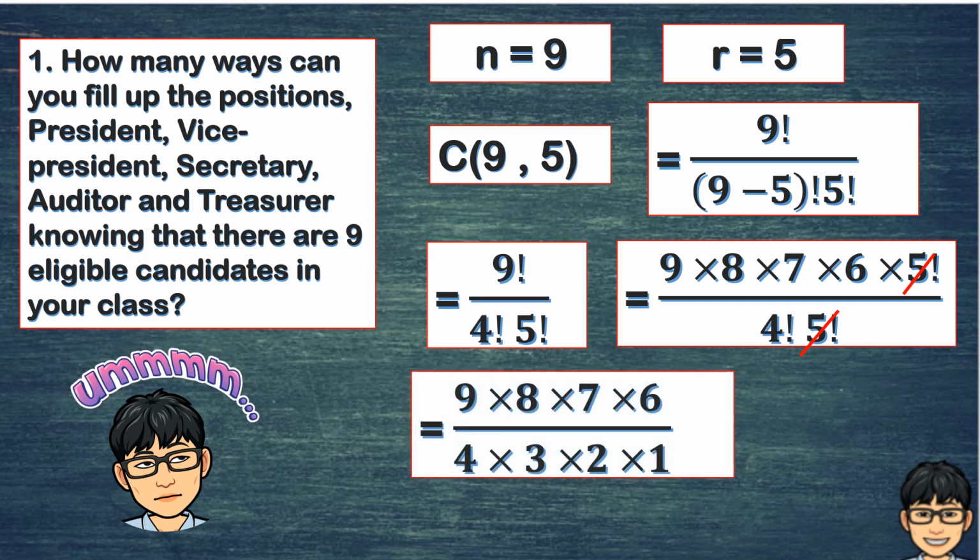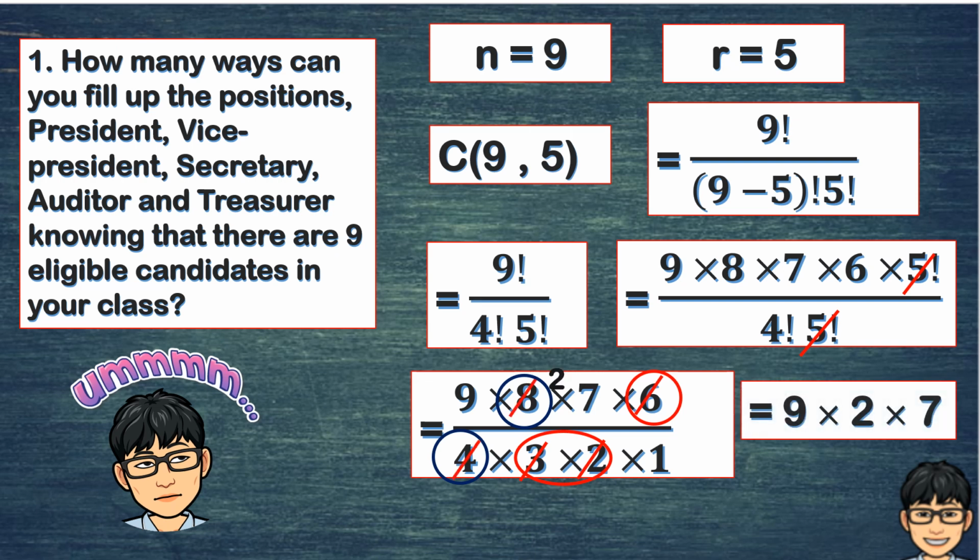So we have 9 times 8 times 7 times 6 all over 4 times 3 times 2 times 1. In this case, 6 is equal to 3 times 2, so we can now cancel this. And then also, we can divide 8 by 4. So 8 divided by 4 is equal to 2.